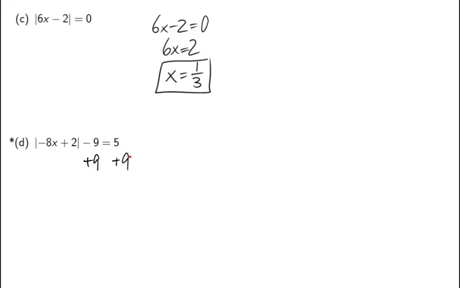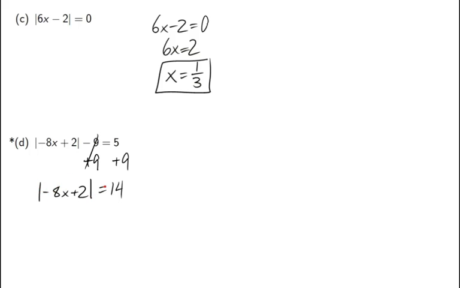First step is to add 9 to both sides. I get the absolute value of negative 8x plus 2 equals 14. Now you might be looking at this negative sign right here and wondering, how does that come into play? It's okay, we're just going to use the same rule as we did before and not try to overanalyze this negative sign.